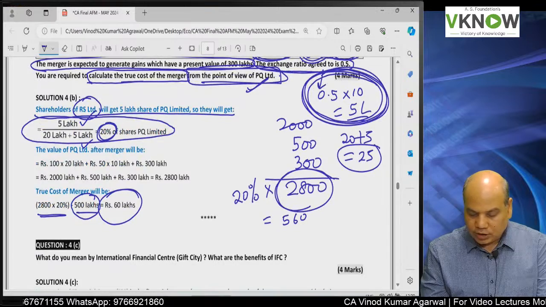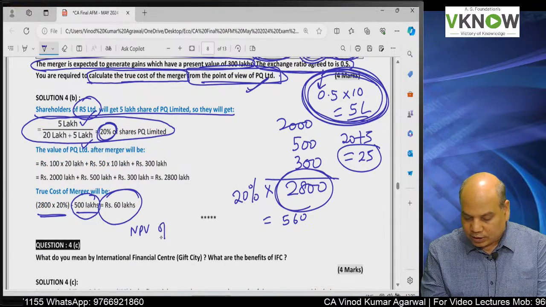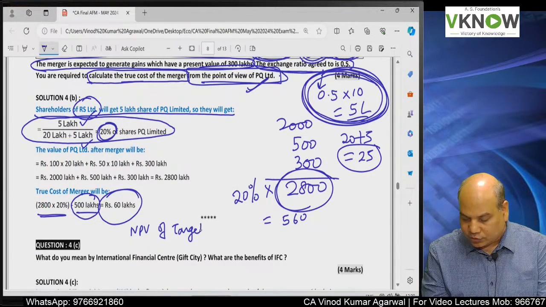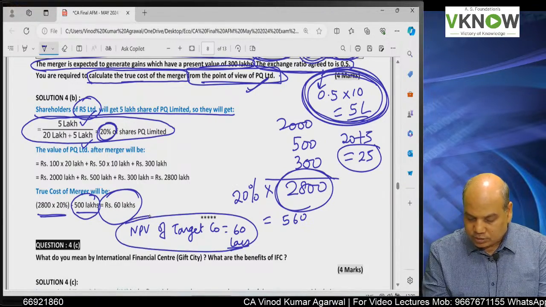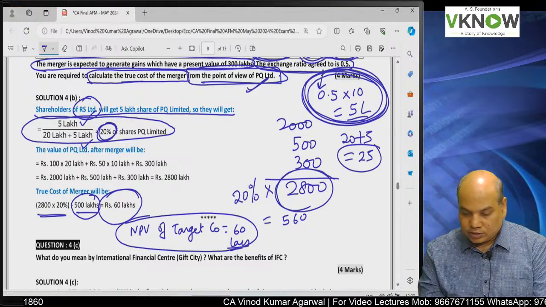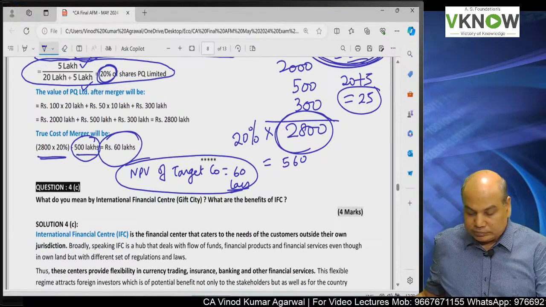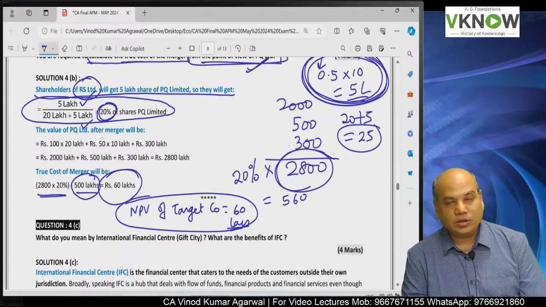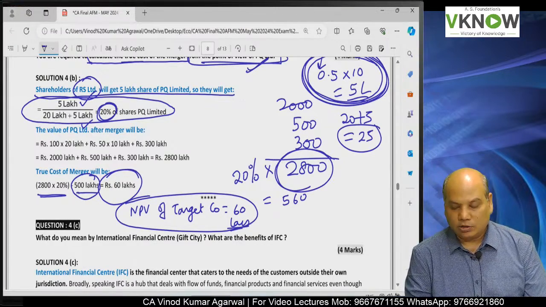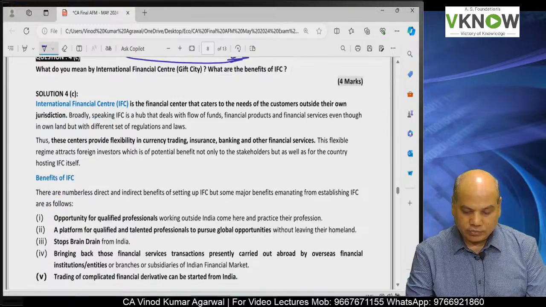If they ask you NPV of target company, then that will also be 60 lakhs. Is it right? The answer is on the screen. Have a look at it. You can download the answer sheet from our website vinod.in.